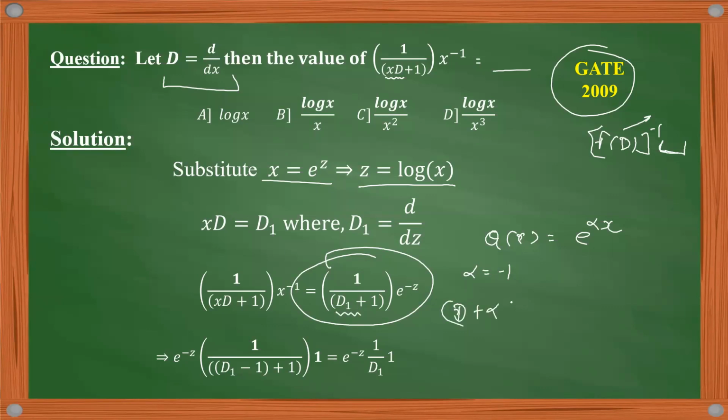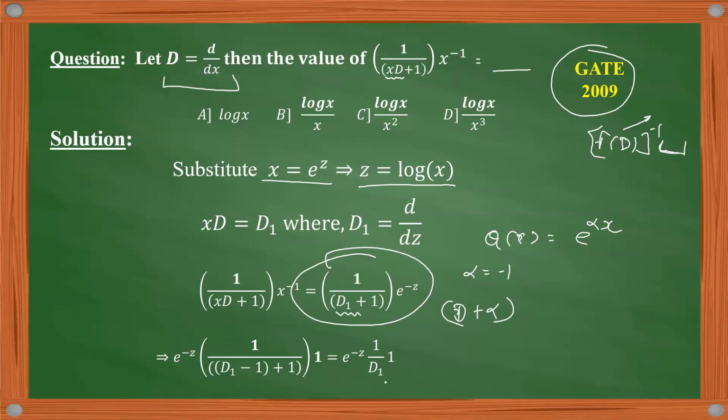This we have also seen in our case number 4. So this term will be reduced to e power minus z into 1 upon (D1 minus 1 plus 1) into 1. So it is simply e power minus z into 1 upon D1 into 1.